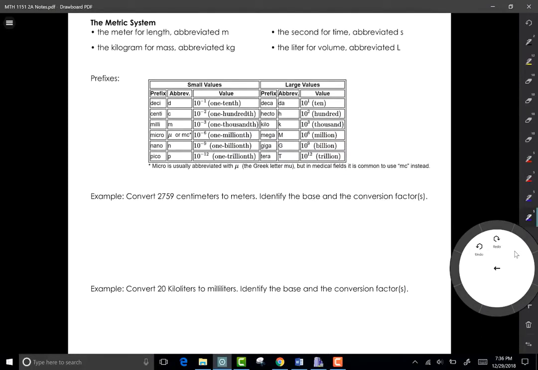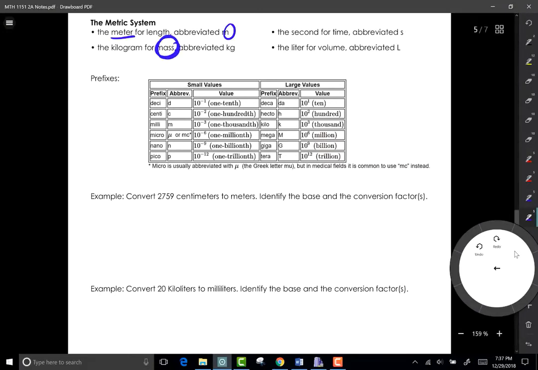Okay, so now that we have a review of powers of 10 and what it means, let's start talking about the metric system. Now, the metric system has what I like to call 4 bases. For length, we use meters, and it's abbreviated M. Kilogram is used a lot, but I wouldn't call that the base for mass or weight.